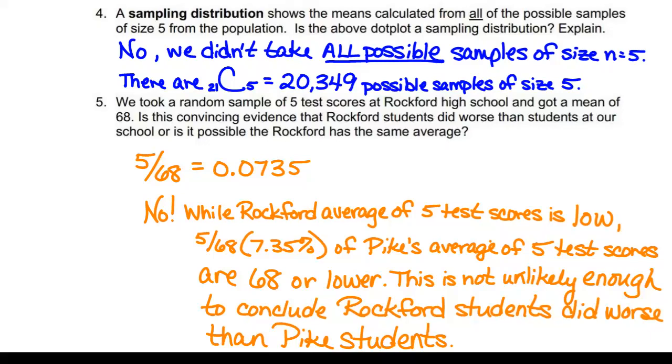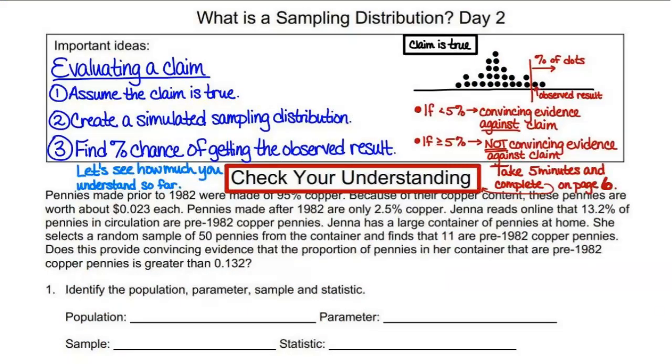Let's go ahead and flip this over. So, when we are evaluating a claim, in this case, that's the last thing that we did. We evaluated the claim of whether or not the Rockford students did worse than the Pike students. We're going to assume that the claim is true. We're going to create a simulated sampling distribution, like we did right here. We're going to find the percent chance of getting the observed result.